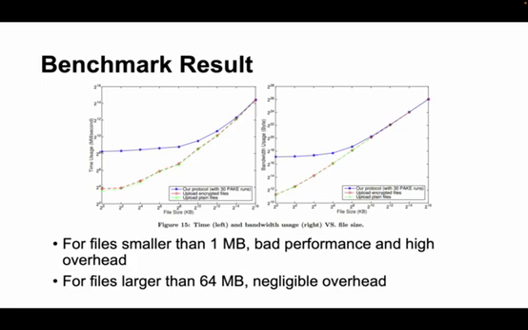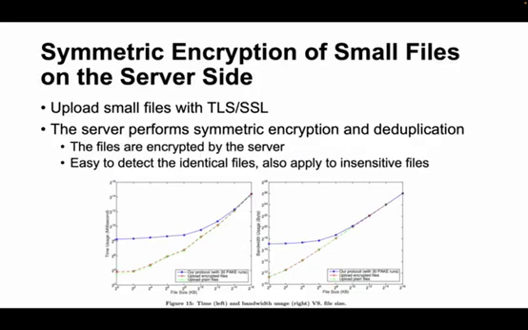For files that are larger than 64 megabytes, the time overhead is below 2%, and the bandwidth overhead is below 0.2%. Therefore, the last improvement I propose is to use symmetric encryption to handle small files on the server side.